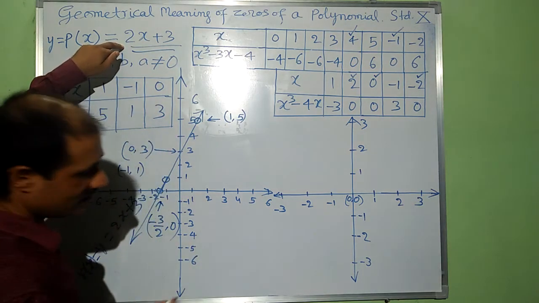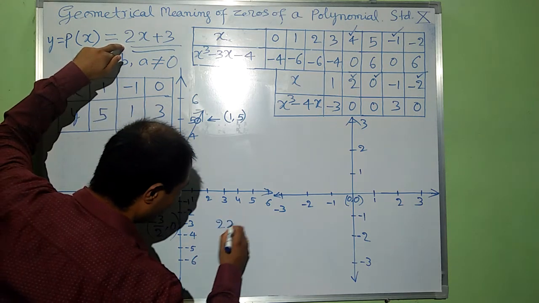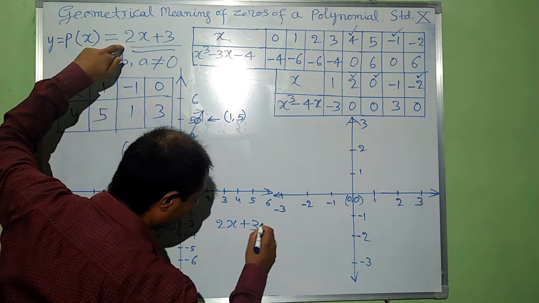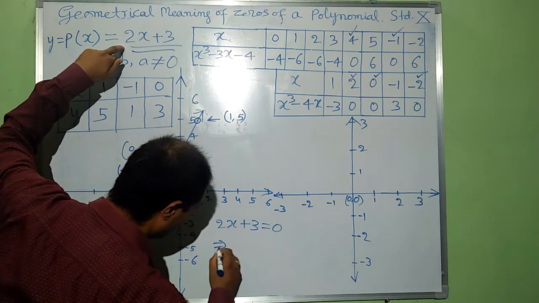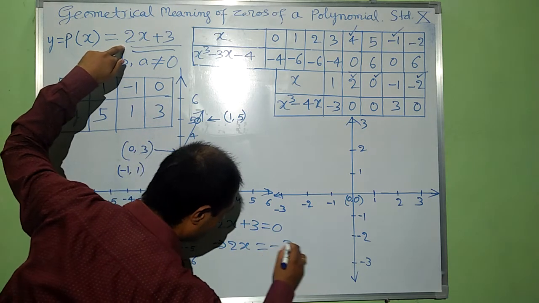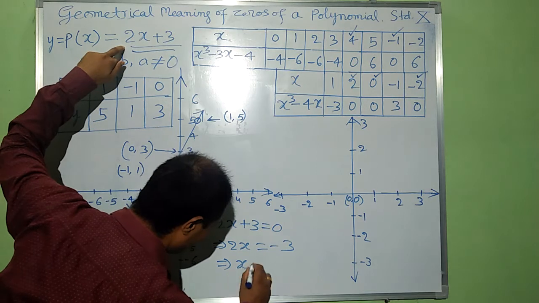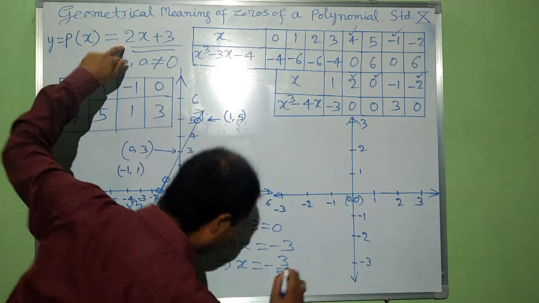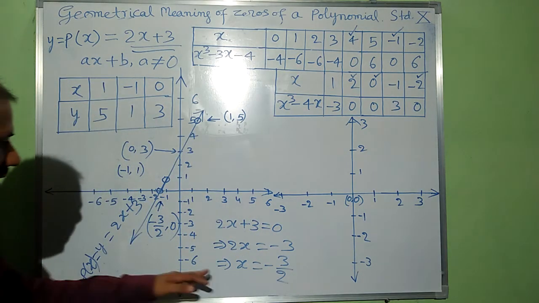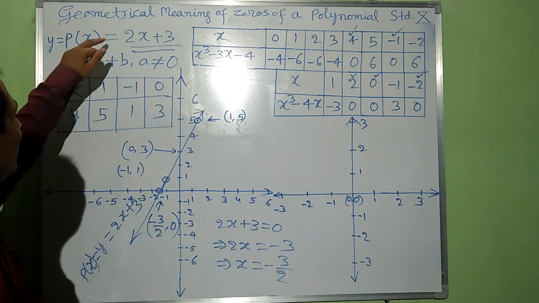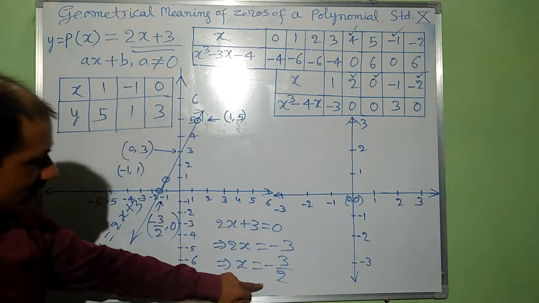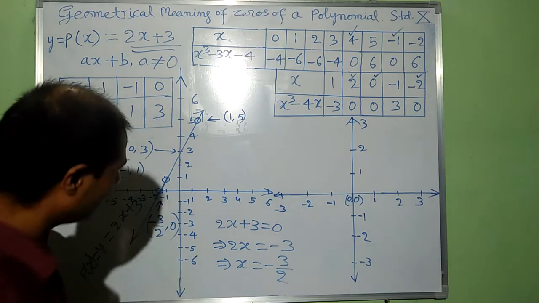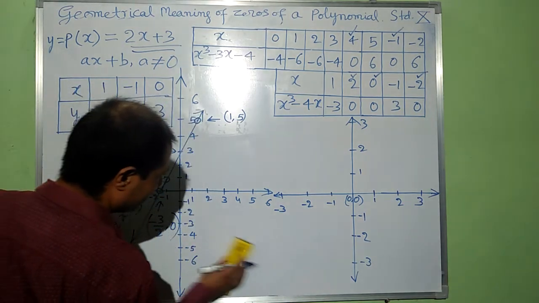As we know, its zeros are obtained by equating it to 0. That is, 2x + 3 = 0 implies 2x = minus 3, implies x = minus 3 by 2. Algebraically also we obtained the zero of this linear polynomial as minus 3 by 2. In this way both are the same.